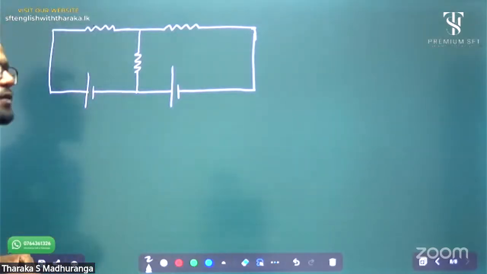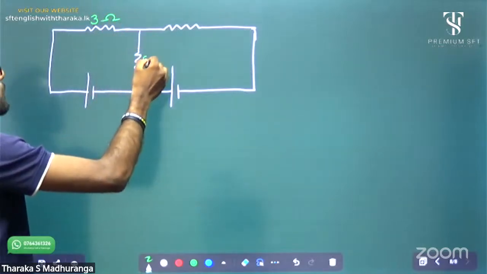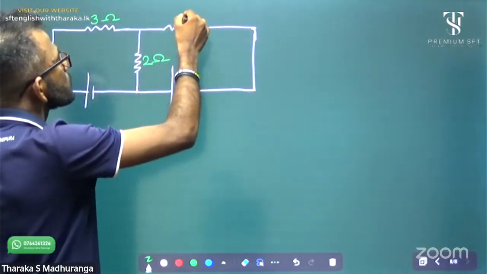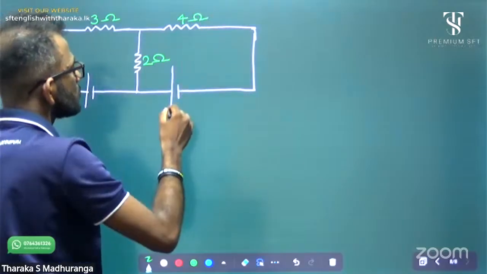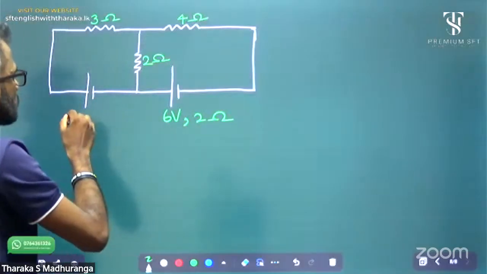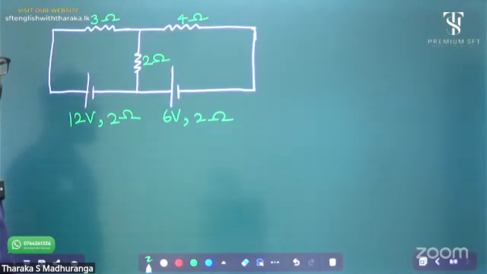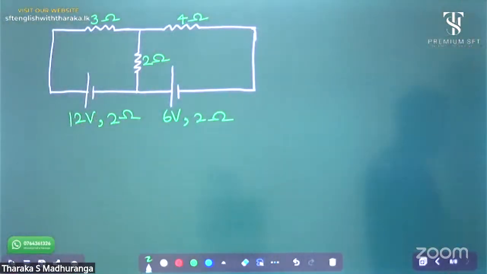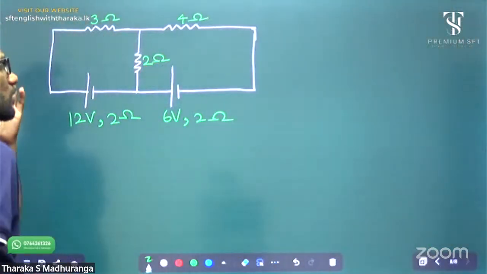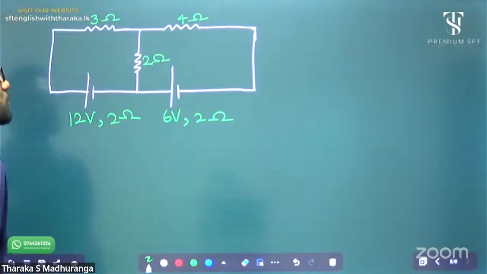Okay, this is the circuit. Okay, this is your chance. I will mark all the data. You have to calculate the current flowing through this circuit.